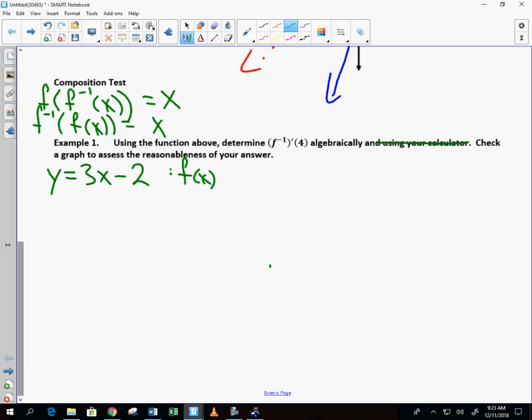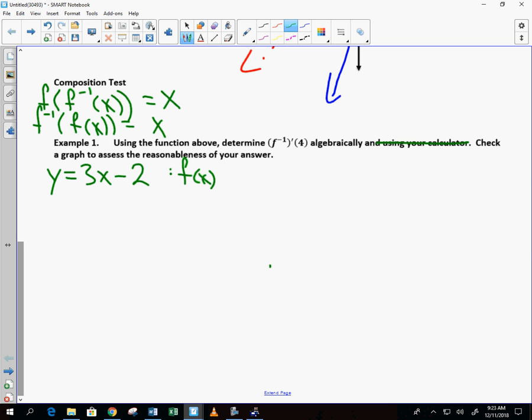Well, what's the derivative of this? 3. So the derivative of this function at 4 would simply just be 3. Everybody agree with that?